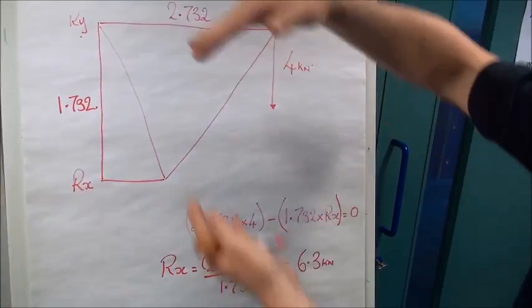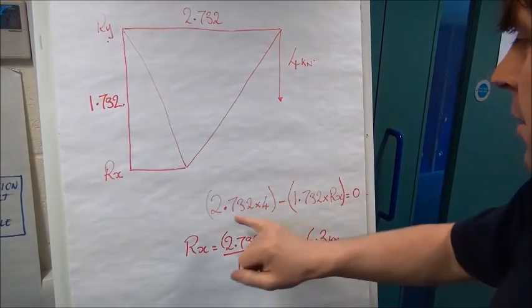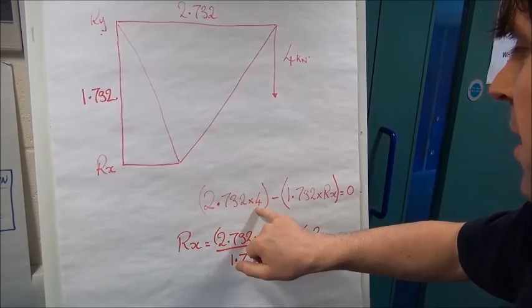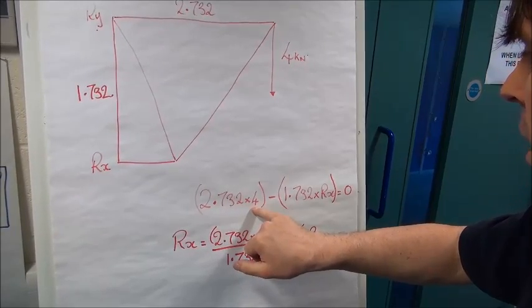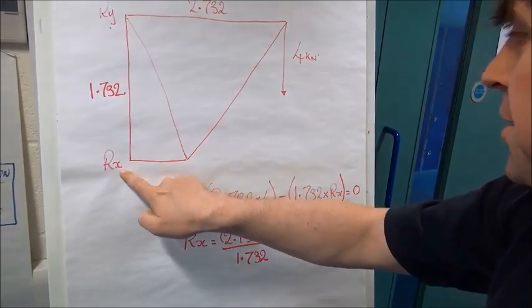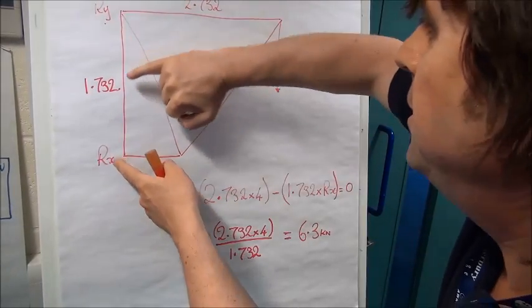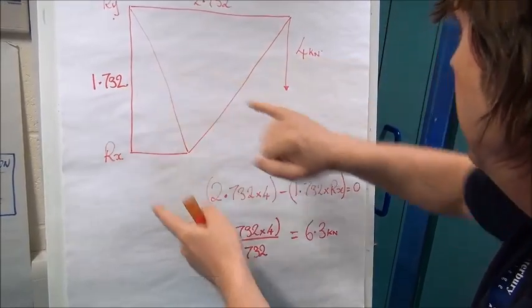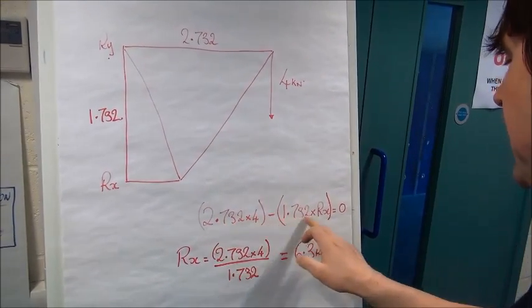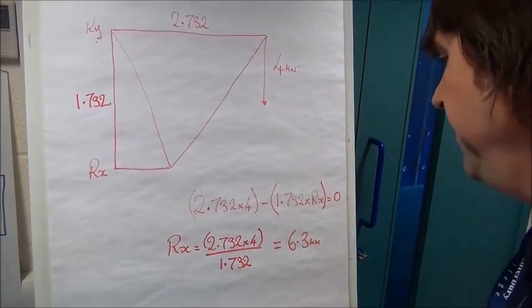So it creates a clockwise turning moment, and we can find that by taking 2.732 and multiplying it by 4 kilonewtons. To counterbalance that, at this point, Rx must provide a balancing force, which is the distance 1.732 times whatever force Rx is. And both of those taken together must equal 0 for no rotation to take place.